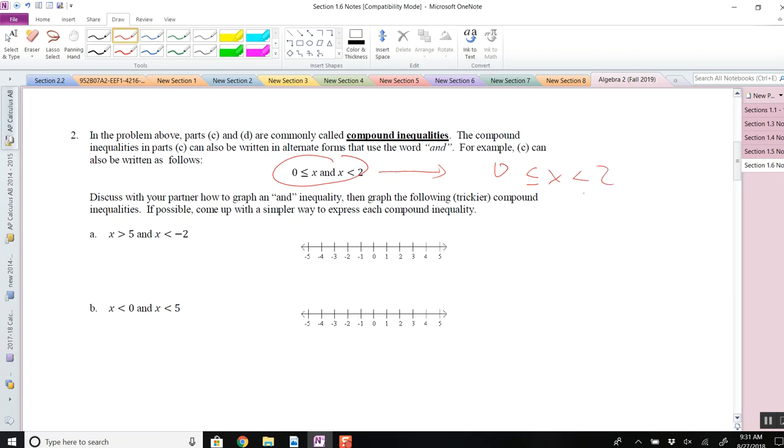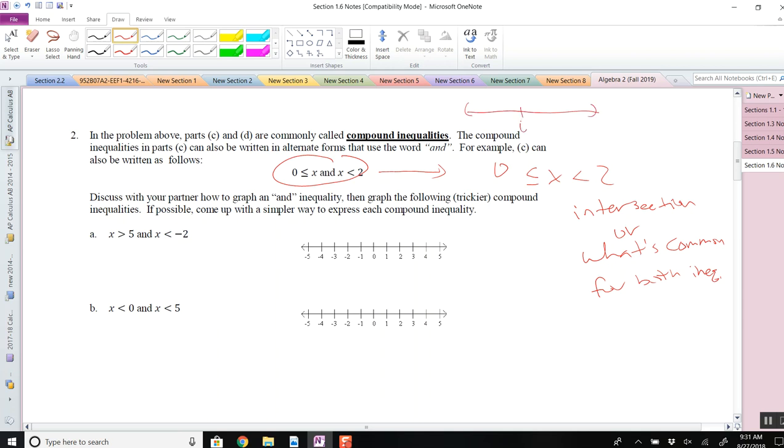But what it means is that you want the intersection or what's common for both those inequalities. So of course, if you go greater than 0, here's 0, you're going in that direction.